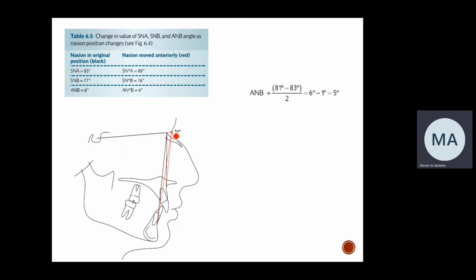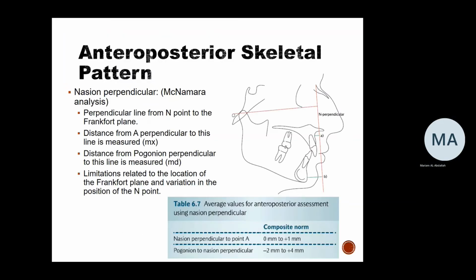So if the patient continues to grow with the cranial base forward, for example, then the angles will reduce like this, and you will end up having an ANB of 4, which means that the patient has class 1, when actually the maxilla and the mandible did not change their anterior-posterior position. So these are some of the disadvantages of this analysis.